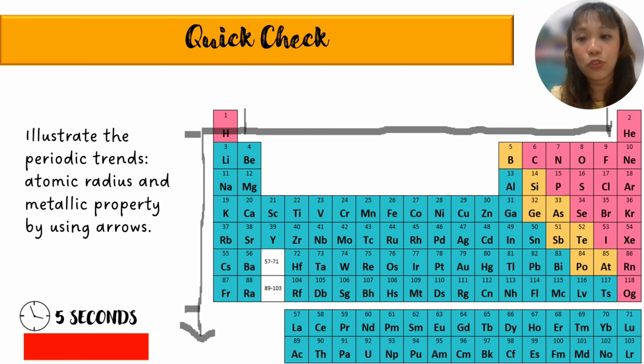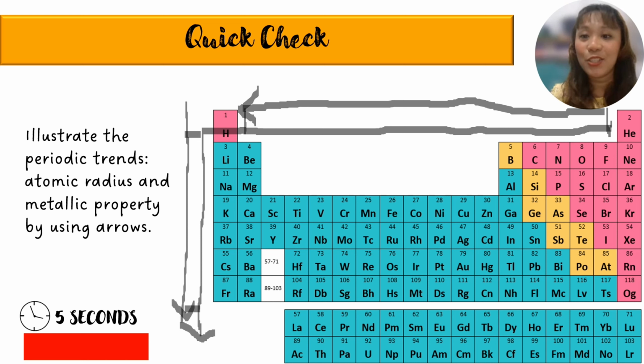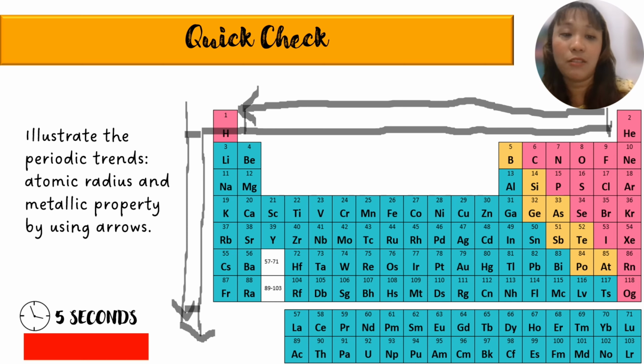Or if you choose to illustrate it this way, it should be a straight line, of course, like that. That is fine. Then another arrow like this down is also okay. So if you did it that way, it's so fine.